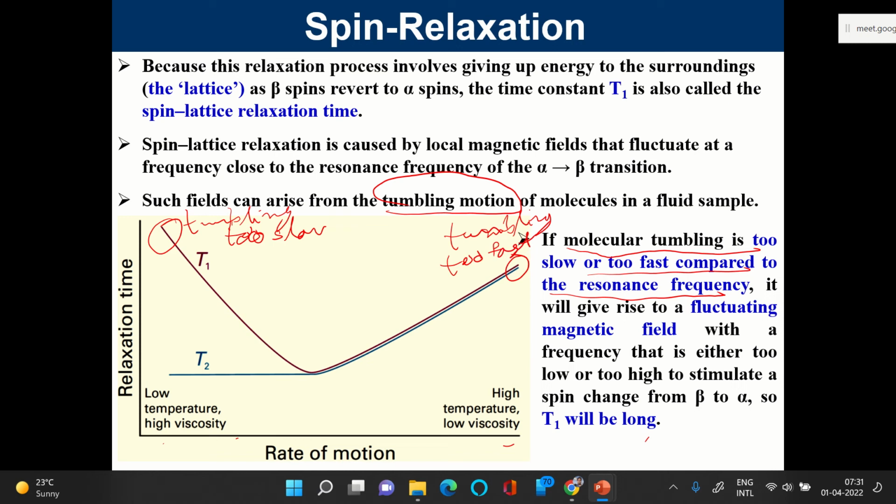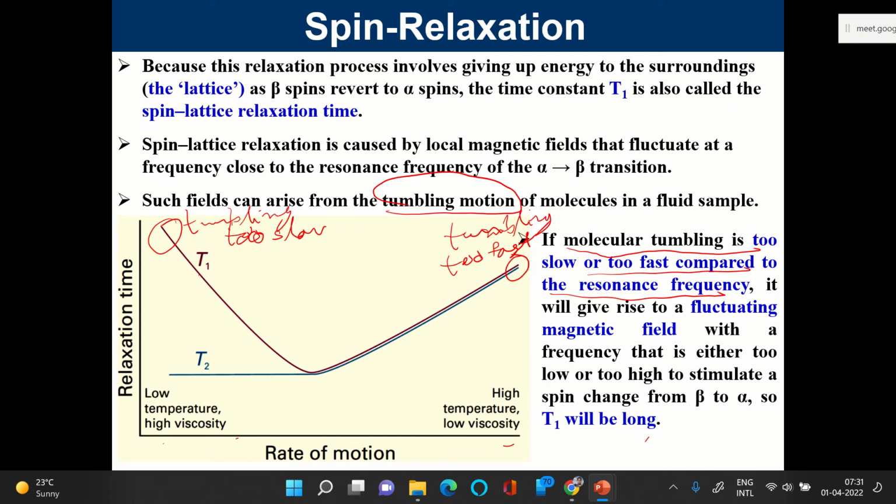So these are two extreme situations that we are seeing here. Looking at the curve for T1, in both cases the relaxation time becomes large. Tumbling too slow means the solvent is highly viscous.